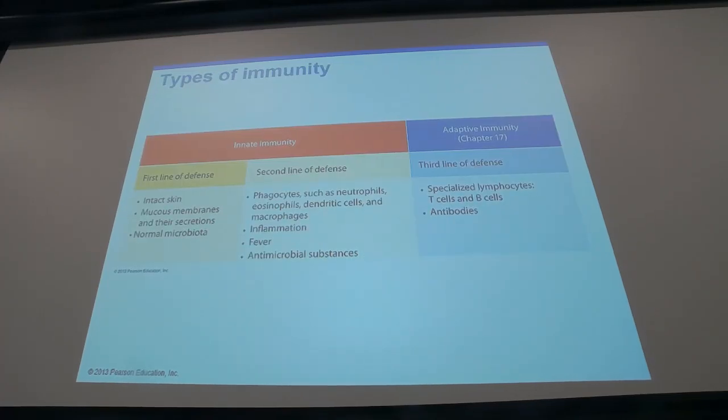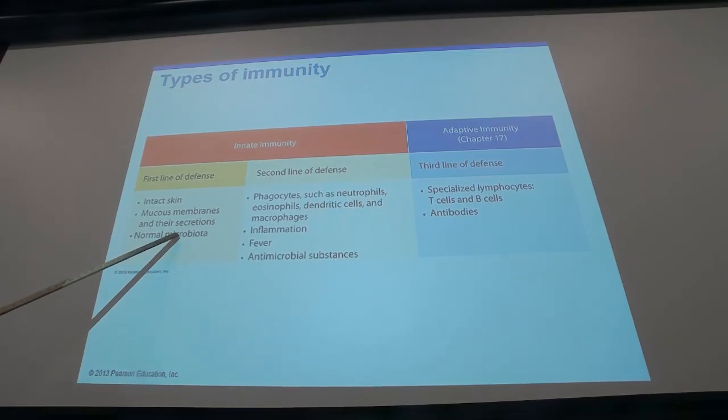And here we have some of the components of this innate immunity and the components of the adaptive immunity. So for innate immunity, we have the first line of defense like skin, mucous membranes, and the normal microbiota.